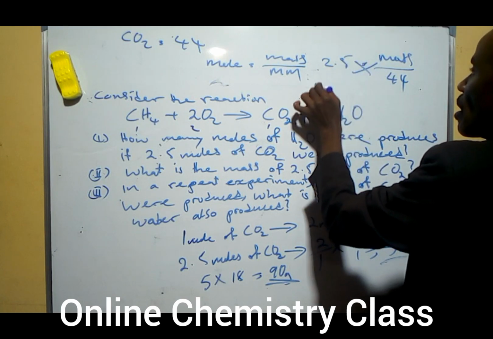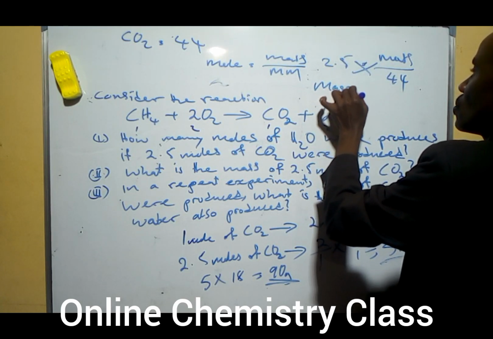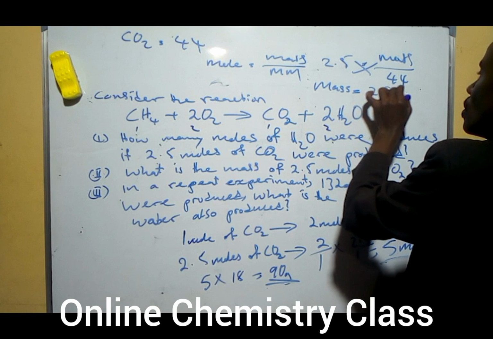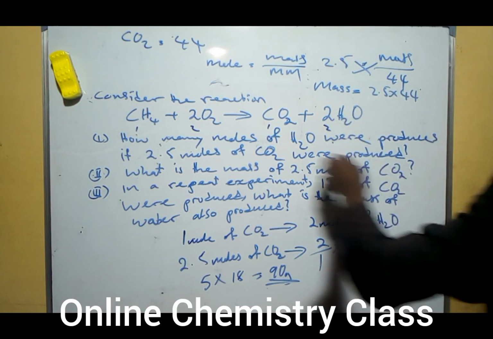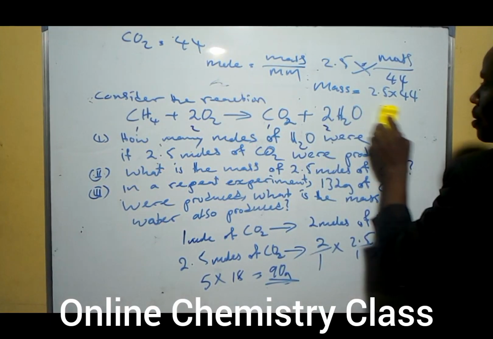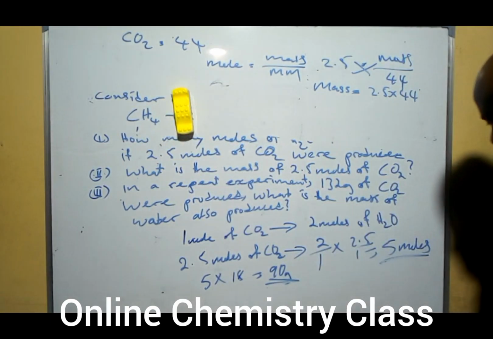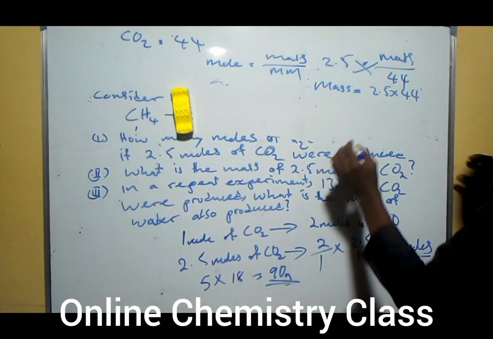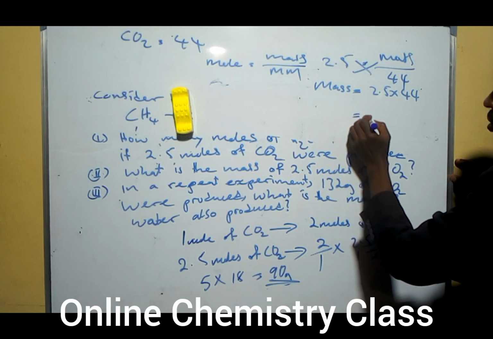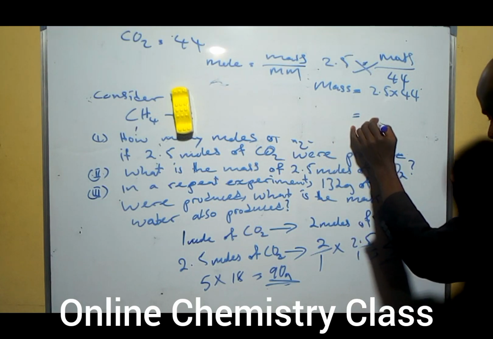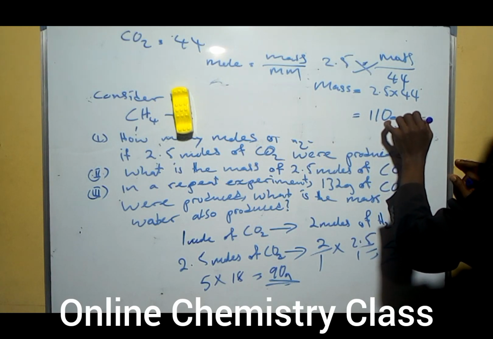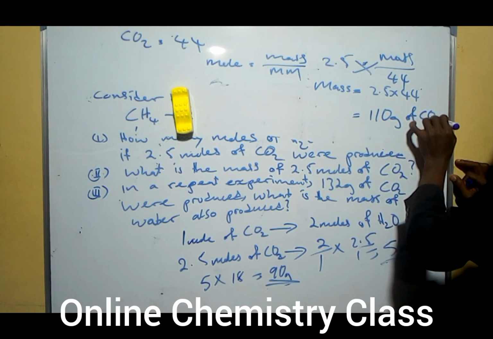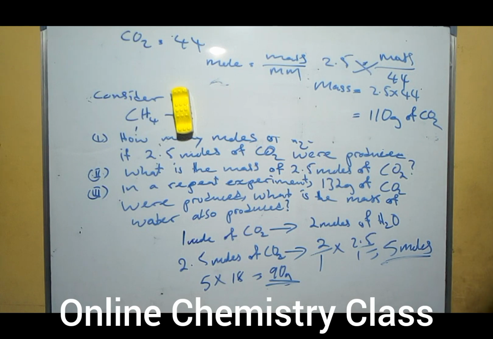When we cross multiply, we have mass equal to 2.5 times 44. That will give us 110 grams of what? Carbon dioxide. That is what we have here.